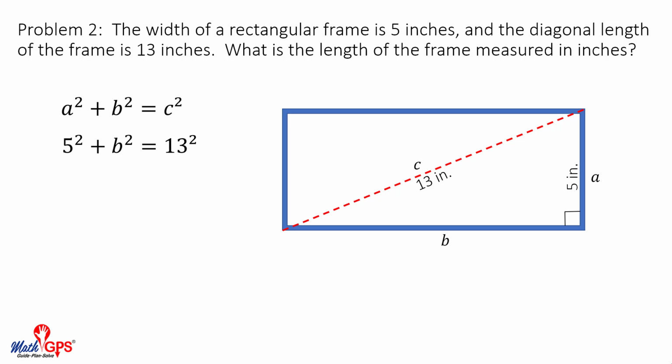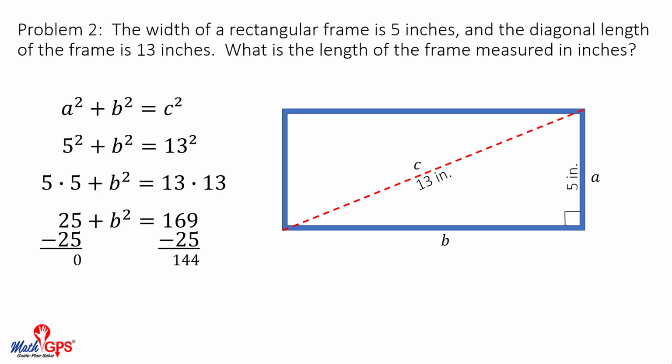Substitute the measures that were identified in the story. Now square the substituted values. 5 times 5 equals 25. 13 times 13 equals 169.